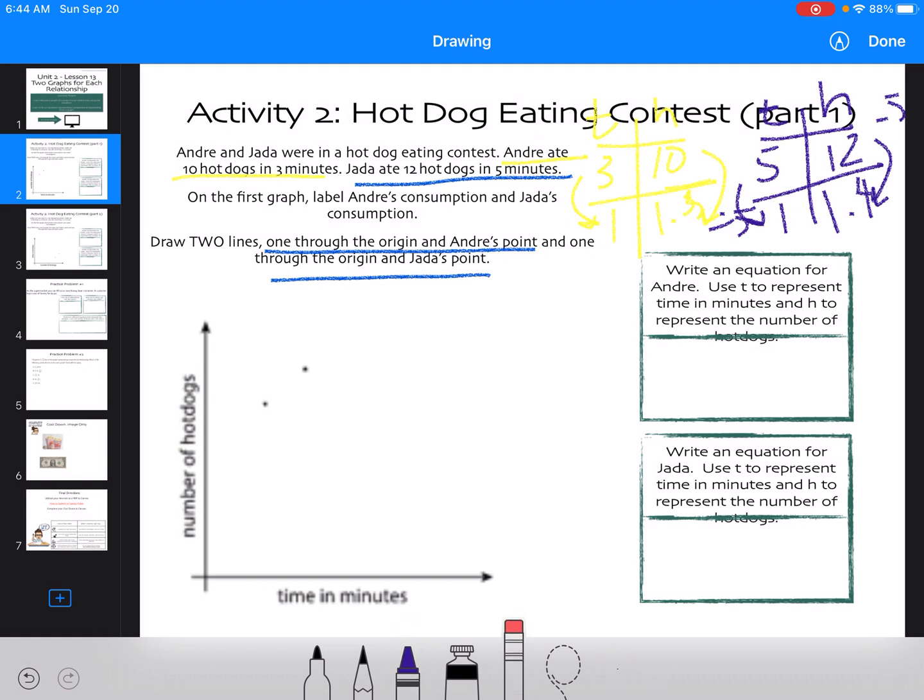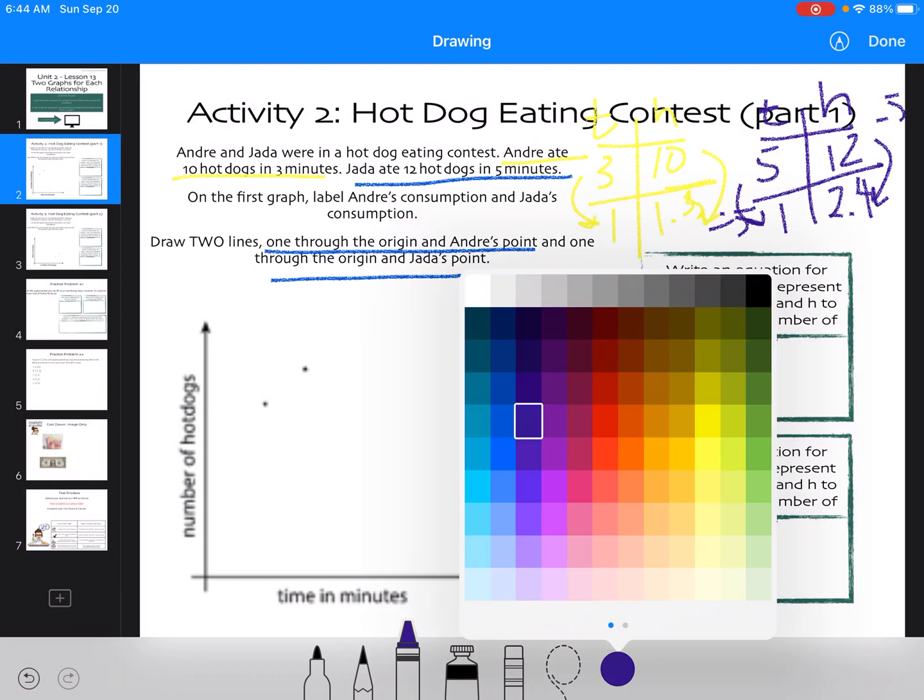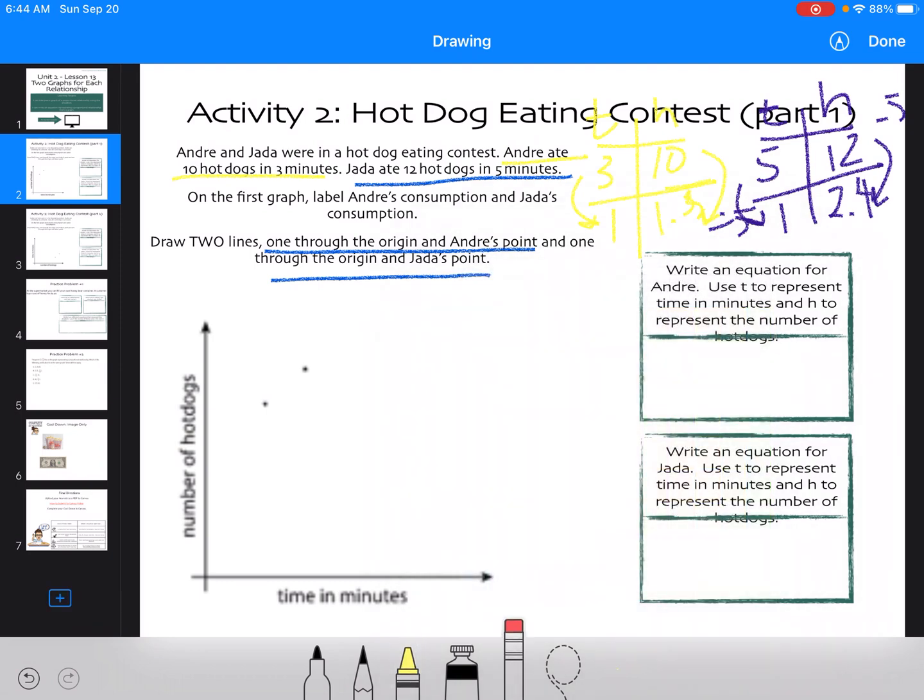No, she can eat 2.4. And my math is wrong over there too. 2.4. I was thinking about a normal person. So, yeah, 2.4.